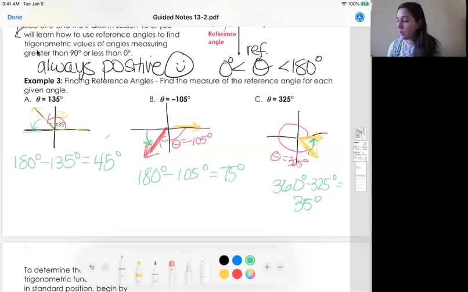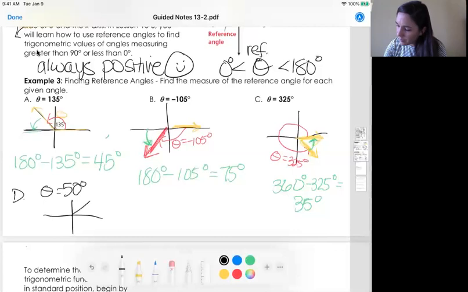All right, and one other thing I do want to point out. Let's say I had theta, I'm going to add example D here. So if our angle theta is 50 degrees, it is up here in quadrant 1.